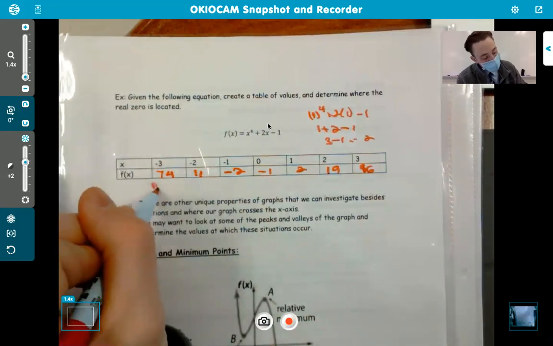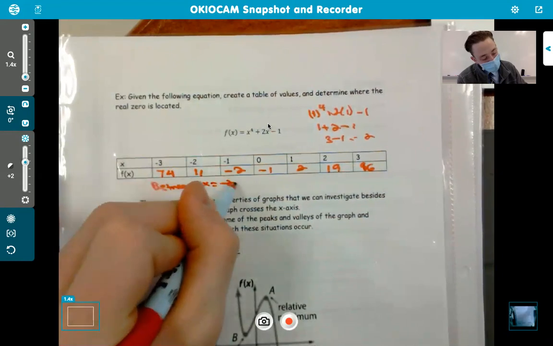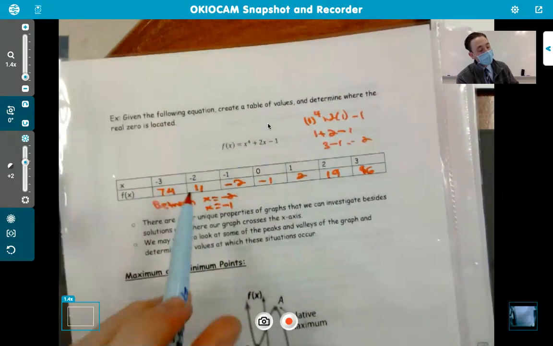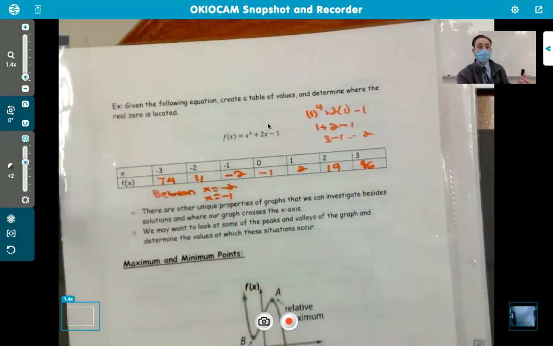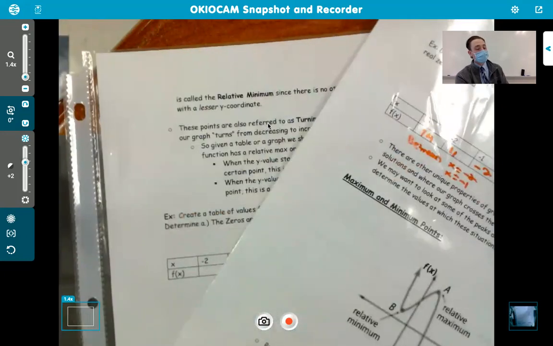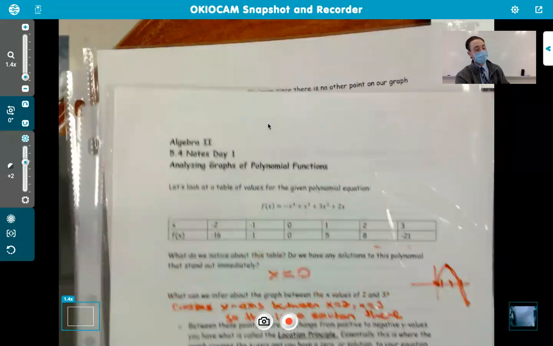So between x equals -2 and x equals -1, right? I go from positive to negative. So I'm crossing that x-axis, right? Let's think about that visually again, as we saw back on the first page, with that first example. It's where I'm crossing between those values.